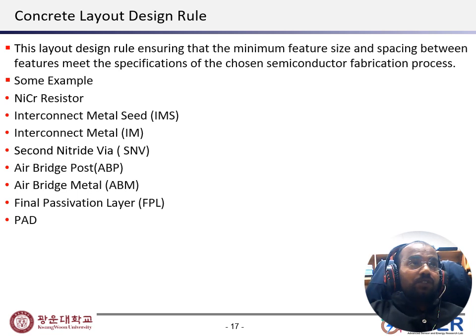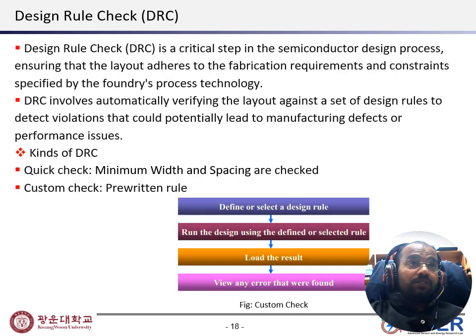Now we will talk about some examples of concrete layout design rules: nickel chromium resistor, interconnect metal seed IMS, interconnect metal IM, silicon nitride SNV, APB air bridge post, ABM air bridge metal, and also the FPL final passivation layer. These are some concrete layout design rules.